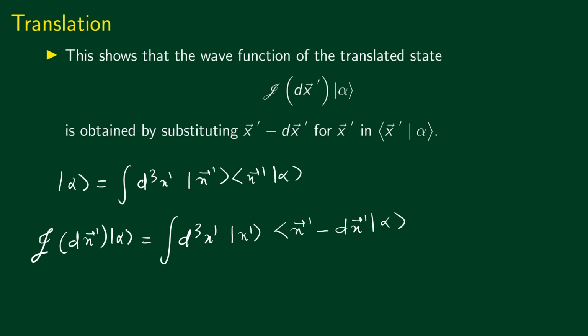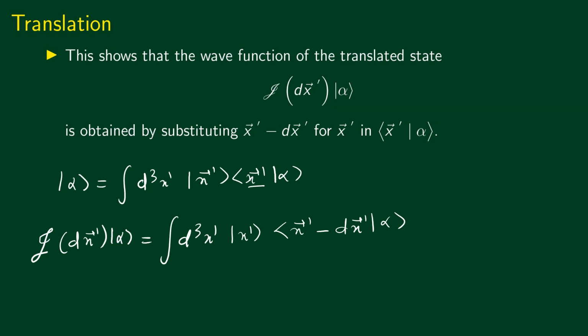So we see how the wave function changes. This is the wave function of the initial state. We get the wave function of the translated state by replacing x' here by x' minus dx'. So that's what we say here.